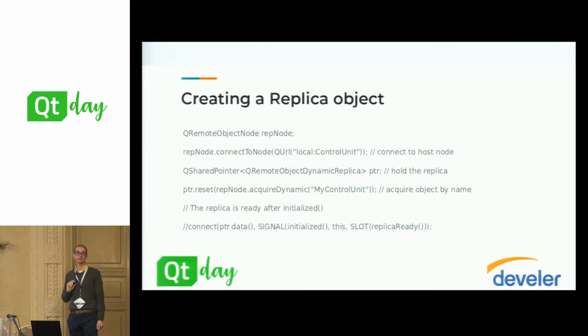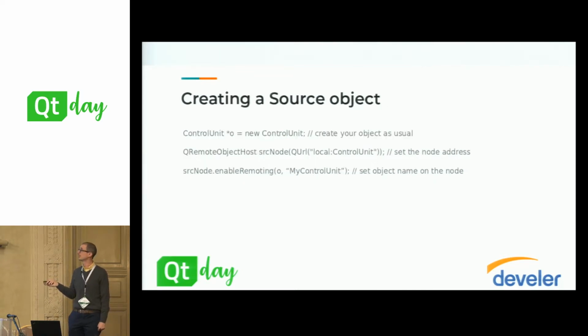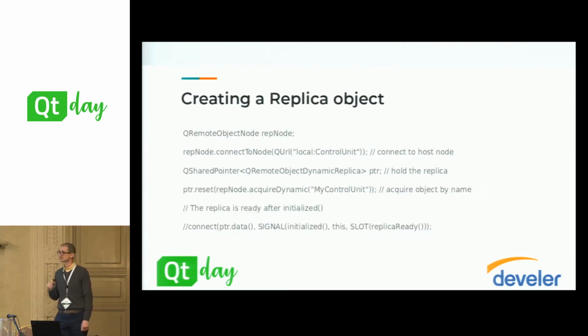So on the replica, on the client part, we need to create a node which is of type QRemoteObjectNode. Notice that this is an object node, while on the host, in the previous slide, we created a QRemoteObjectHost. That distinguishes between a host node and a client node.